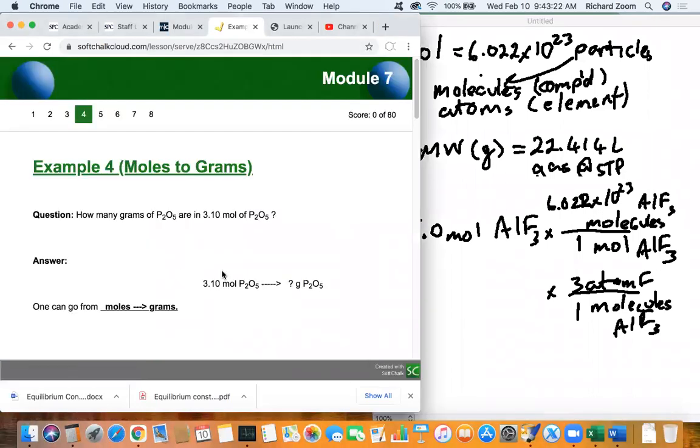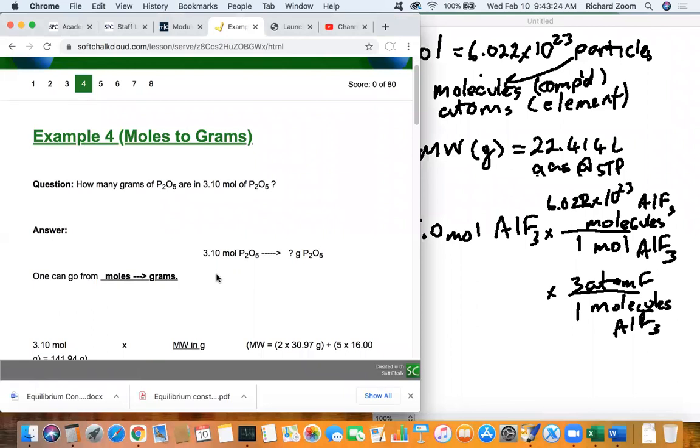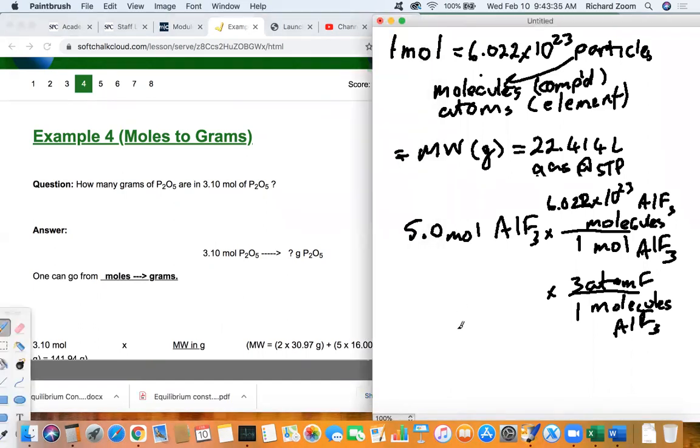Well, the next few examples are somewhat easier. We're looking at how many grams of P2O5 are in 3.10 moles of P2O5. For this one, we can go directly to grams. So it's going to be moles of P2O5 on the bottom to cancel.